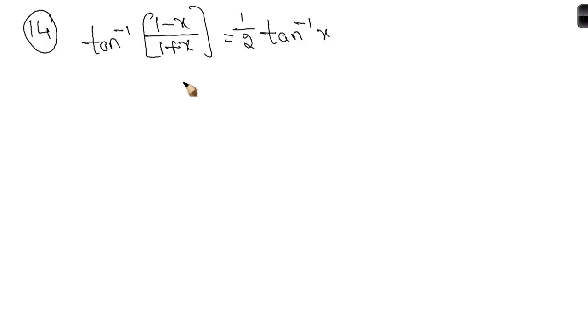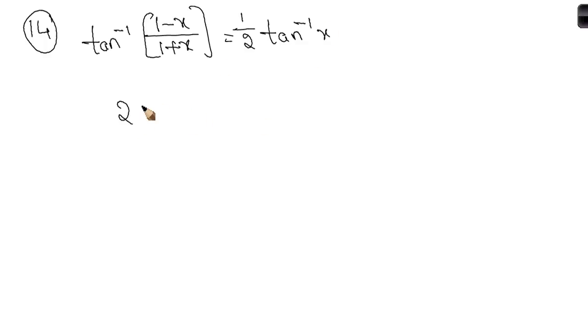So this can be solved in 2 ways. One is if I take x is equal to cos 2 theta, this gets simplified, but again this becomes a bit complicated. Okay, let us solve the normal way.